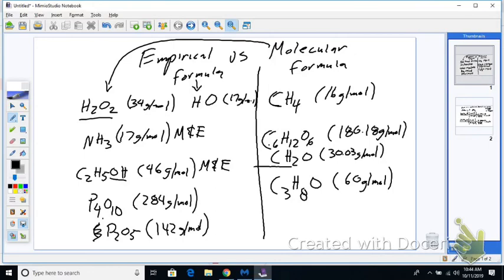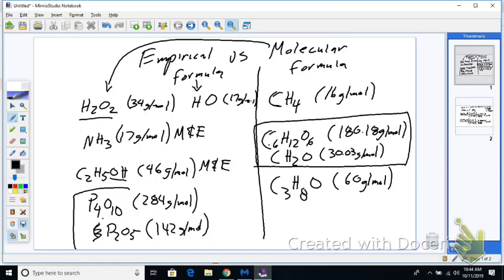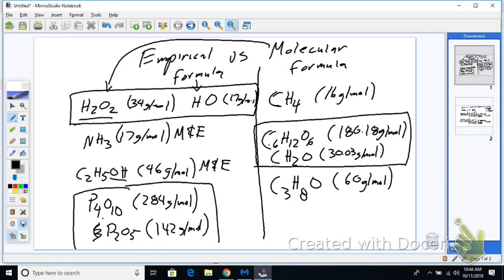No. Okay. So let's look at the ones that have empirical and molecular formulas, just to focus on those, and see if there's something in common that we can get out of looking at those. What do you notice that's common in those three where we're given both a molecular formula and its mass and empirical formula and its mass? All right.